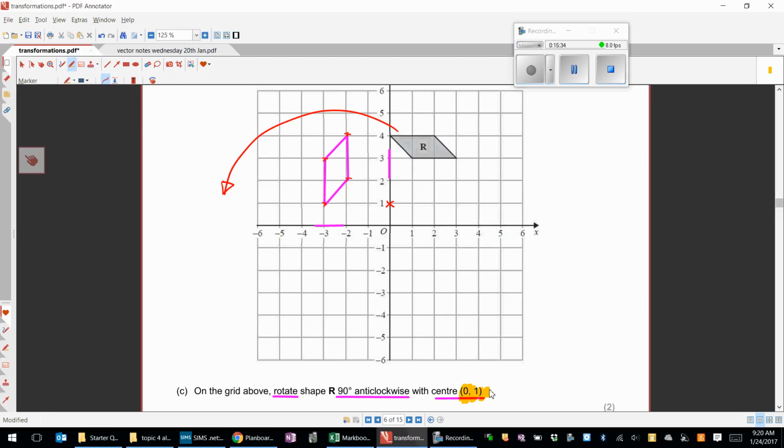Don't get your coordinates the wrong way round, for instance. Because if you do that, you're obviously going to get it wrong. But what will happen is, even if your centre is not in the right place, you'll still get one of the two marks if you did a rotation and you still did 90 degrees anti-clockwise. So you don't lose everything. Alright?